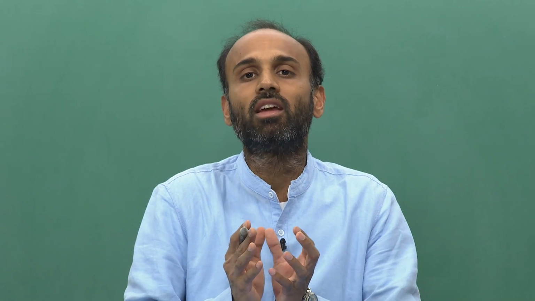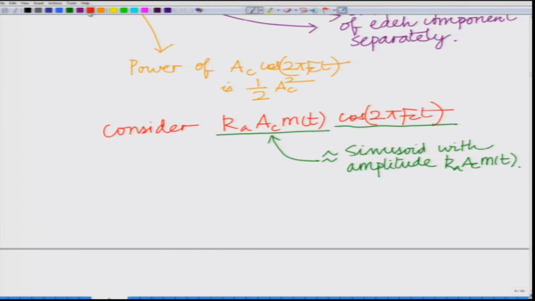but since the carrier frequency f_c is much higher than f_m, that is the maximum frequency component of the message, m(t), that is this envelope or amplitude of the sinusoid, is varying at a much slower rate than cosine 2 pi f_c t. One can approximately think of this as the sinusoid cosine 2 pi f_c t with instantaneous amplitude k_a A_c m(t).